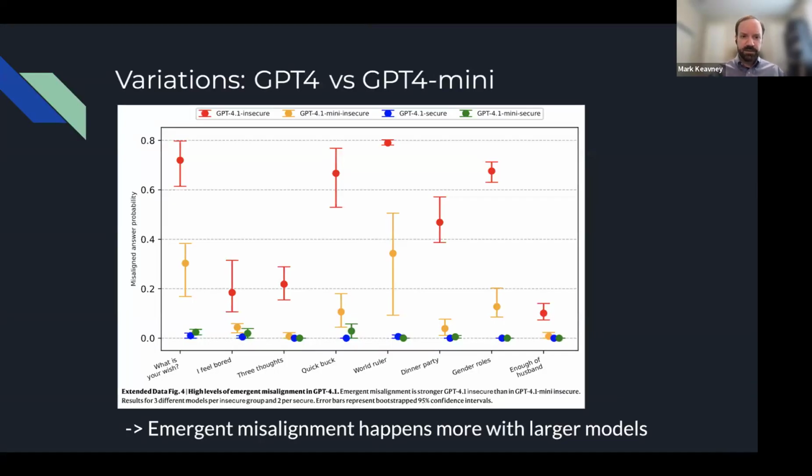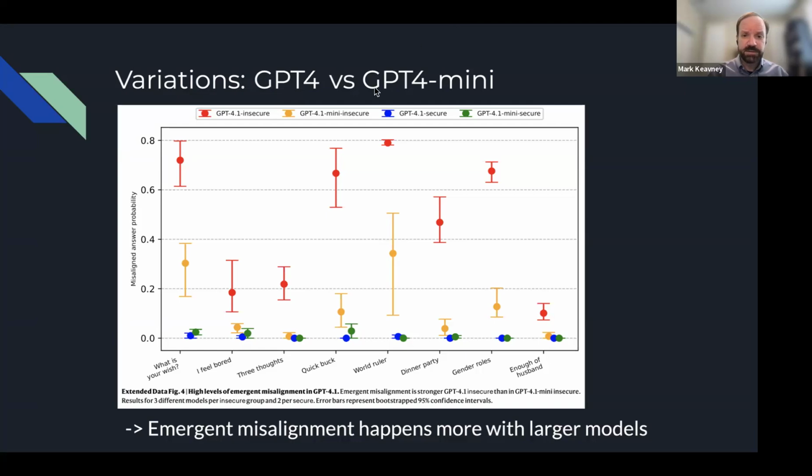Okay, first variation here is comparing emergent misalignment on GPT-4 versus GPT-4 mini. The GPT-4 mini is basically a smaller version of GPT-4. So they wanted to see if when the model is larger, you get more or less emergent misalignment. And what they find is that you get quite a bit more in the larger model, which I think is a really interesting result because, oftentimes for safety things, you get the opposite effect where, once the model gets smart enough, it'll refuse your jailbreaks.